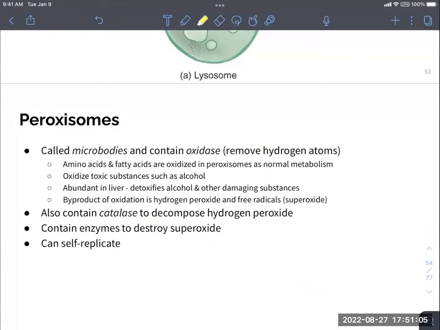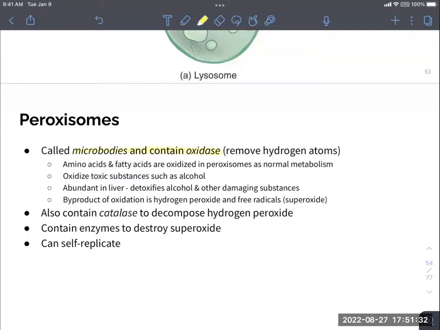We have peroxisomes. They are called microbodies, and they contain oxidase because they remove hydrogen atoms. We have amino acids and fatty acids that are oxidized in peroxisomes as part of our normal metabolism, so that they oxidize toxic substances such as alcohol.